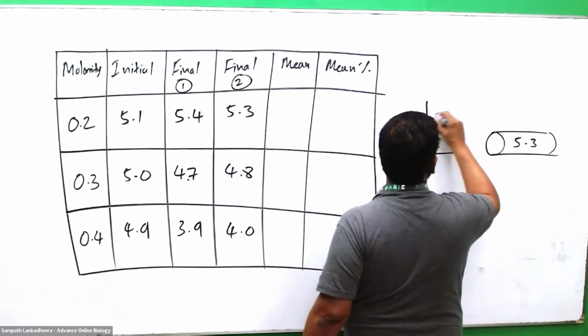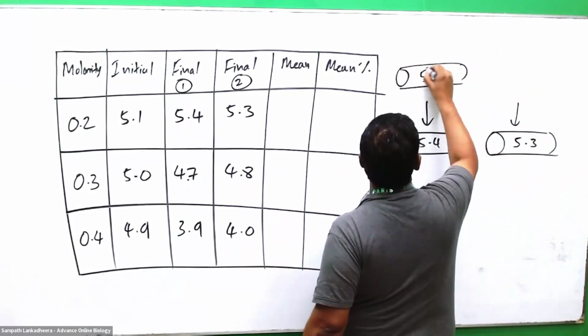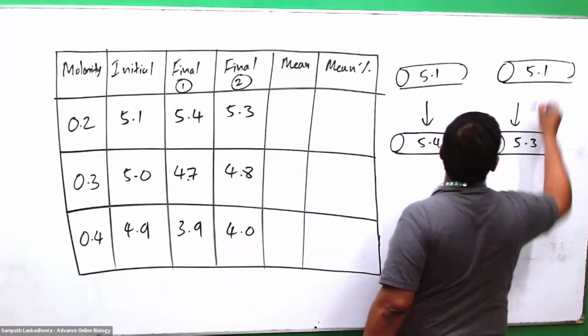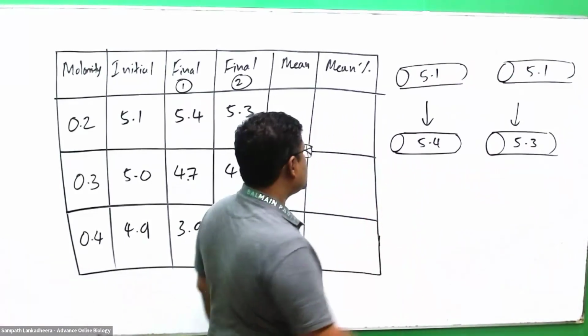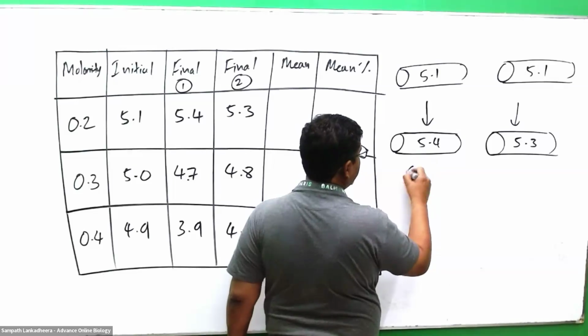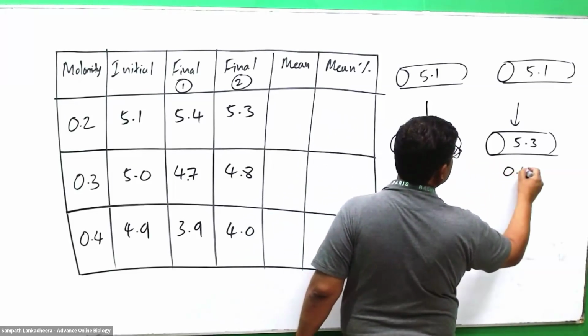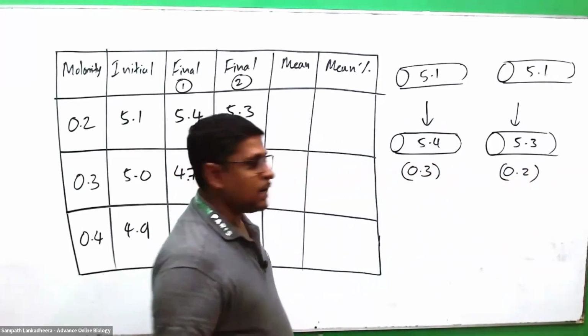There are two strips used in this experiment, both 5.1 at the beginning. So what is the change in length here? 0.3. And here, 0.2. So how do you get the mean change in length?